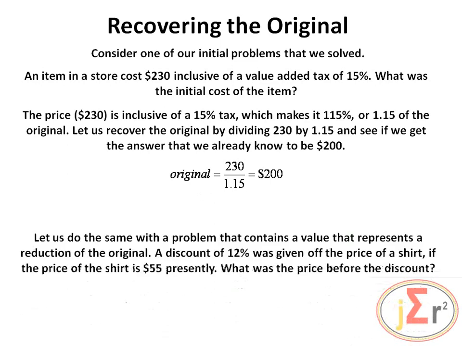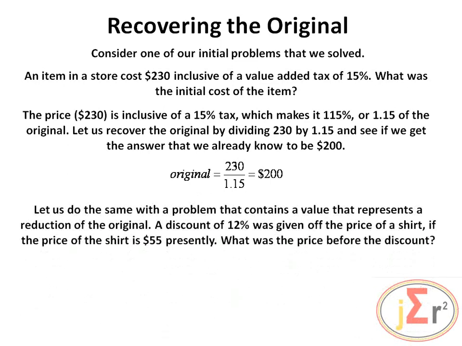There we go. So let us do the same with a problem that contained a value that represents a reduction of the original. A discount of 12% was given off the price of a shirt. If the price of the shirt is $55 presently, what was the price before the discount? Now we know that we have a discounted price. We know that it's 12% off. We know, therefore, that what we have is 88%. 88% is 0.88.